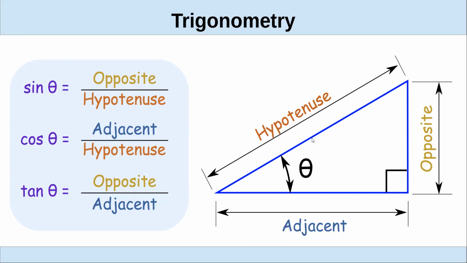We're going to take the adjacent side divided by the hypotenuse. In both cases, sine and cosine, if this is a 45-degree triangle, they're going to be equal to 0.707. There's that magic number again, which is 1 over the square root of 2. All these things are related to 2 and pi. I don't think there's any case where tangent comes up, but it's just the opposite over the adjacent side.